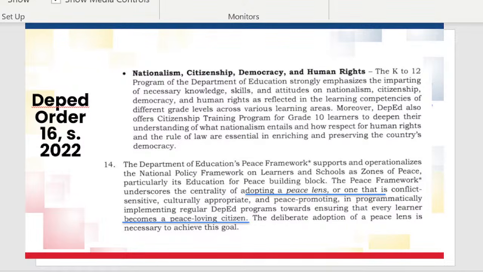So the DepEd Order number 16, 2022 also looks at schools as the zone of peace. It always underscores that adopting a peace lens, or one that is conflict sensitive, culturally appropriate, and peace promoting, in implementing DepEd regular programs, ensures that every learner becomes a peace-loving citizen.